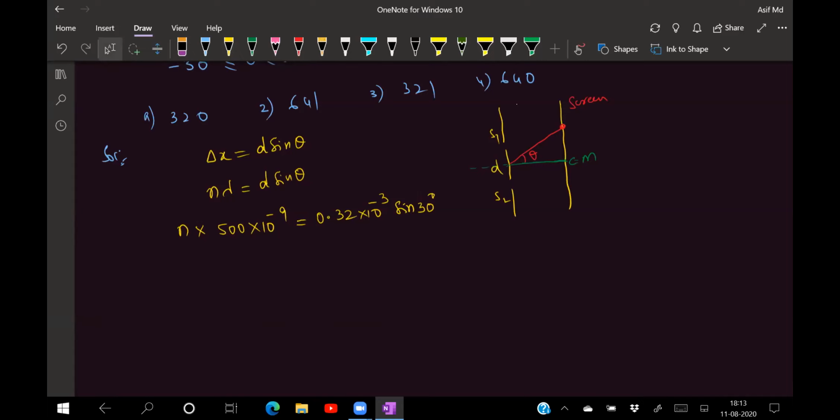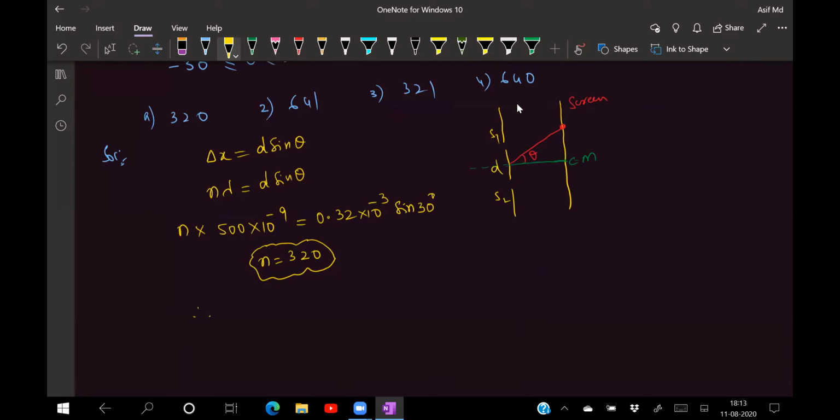See how much I am getting. So 32 by 2 is 16, which is 10 to the power of minus 3, so n is equal to 320. So what will be the answer?